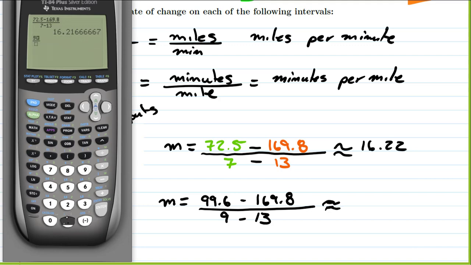We get 40 point, something's wrong. Oh, I'm missing a 99. There we go. I had a typo in the top. I'm like, that's a really, really slow mile. So 99.6 should have been the correct number. All right, and we get 17.55.